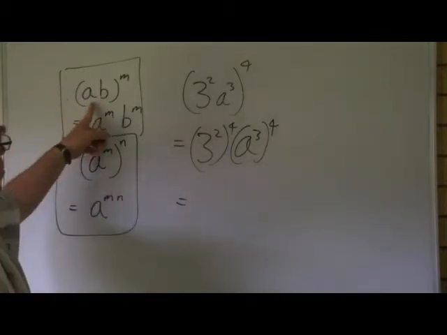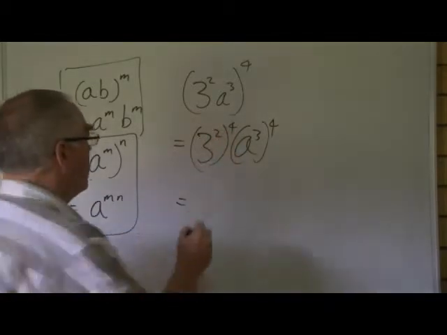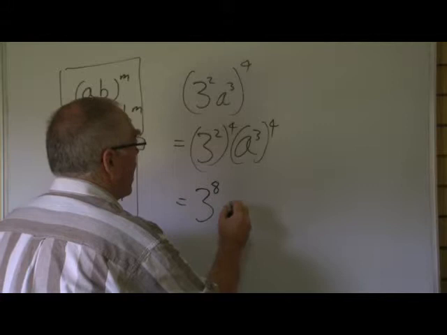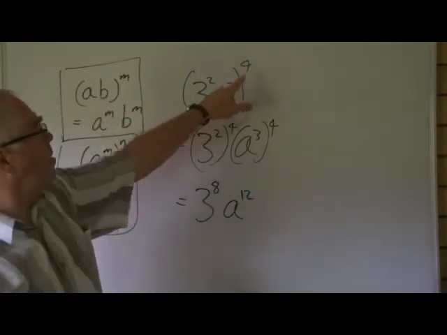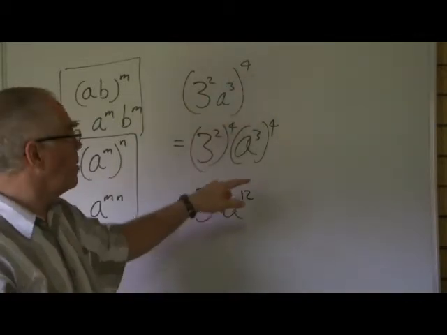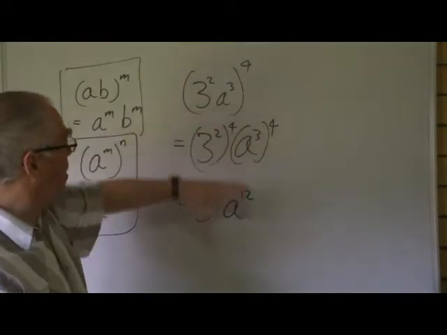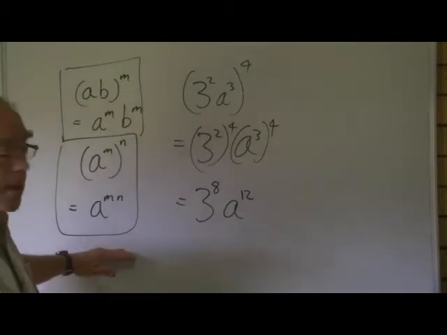So I've used this law, and then I use this one to bring these indexes back inside here. So this becomes 3 to the power of 2 times 4, which is 8, a to the power of 3 times 4, which is 12. And you can see we could have gone from that straight away. So that's what we'll be doing. It makes life so much easier. You don't have to worry about putting that step in. Go straight from there to there, because you can use both of these simultaneously.